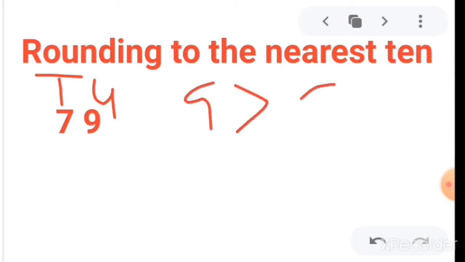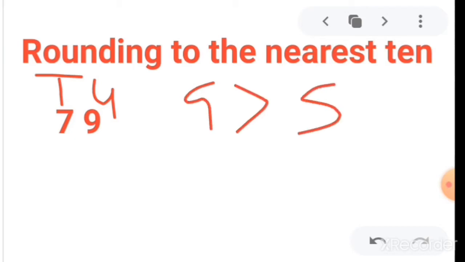Now we want to round numbers to the nearest 10. How do we know which number is the nearest 10? In 79, using our place value system, from the extreme right, the first number is the unit, followed by the 10. Now we want to round to the nearest 10, which is 7, and the number at the right of 7, 9, is greater than 5.